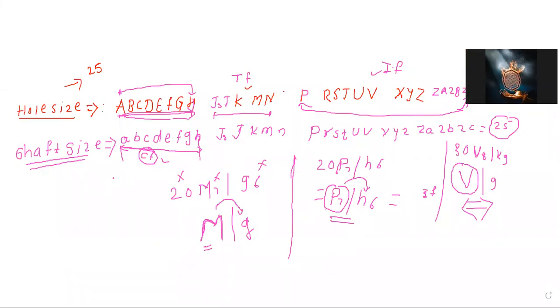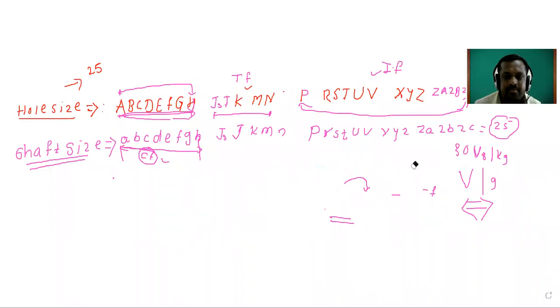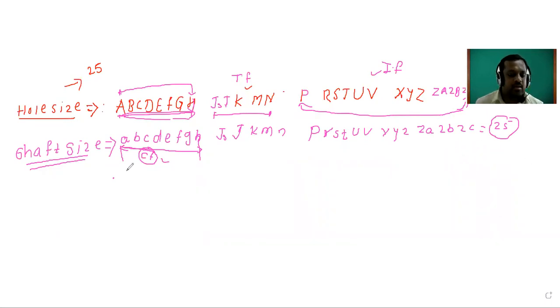Okay, so next point is remaining. If suppose they have given like this, 20 capital H7/G6, then tell me how it is.